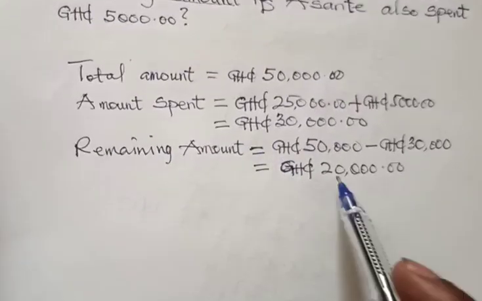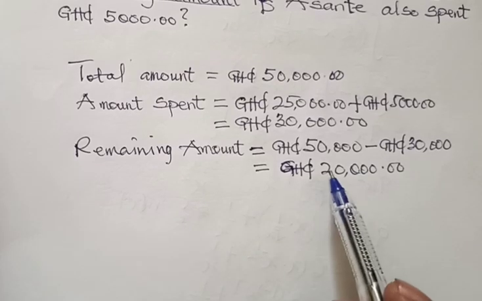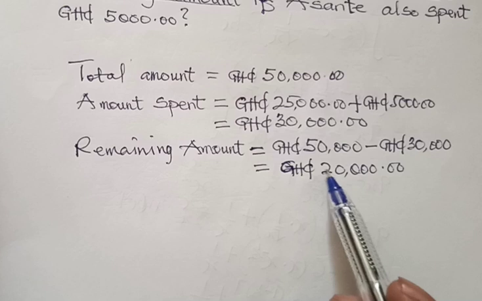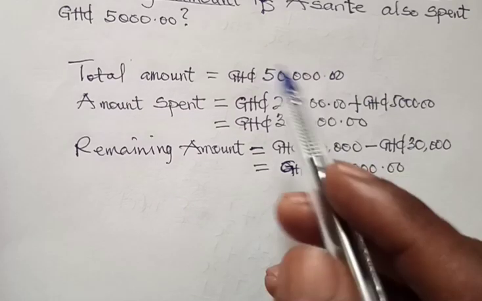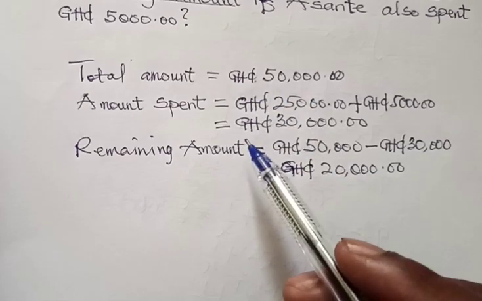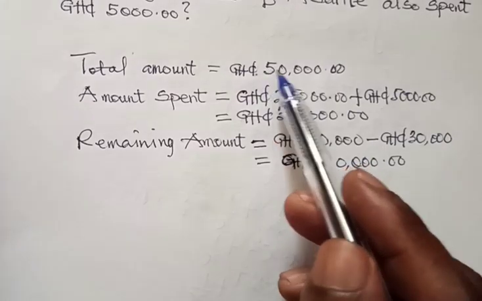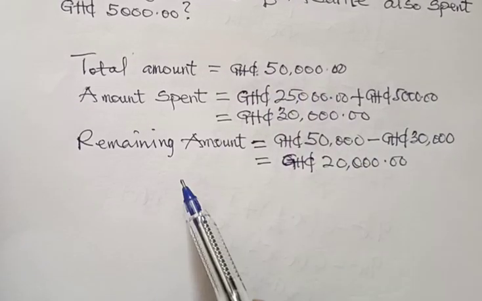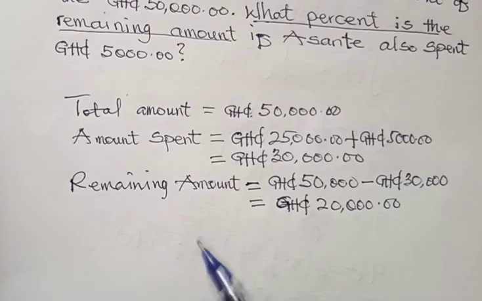So we know the remaining amount, the same process, we only express the fraction of the remaining amount as the total amount. We find the fraction of the remaining amount as the total amount and multiply by 100, since the question demands we find the percentage.